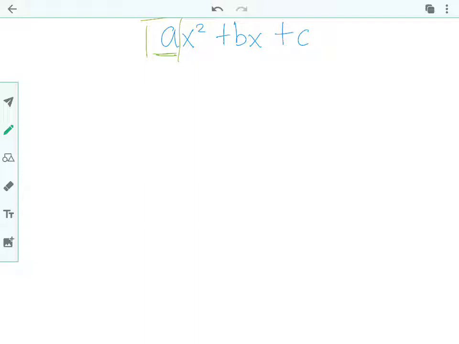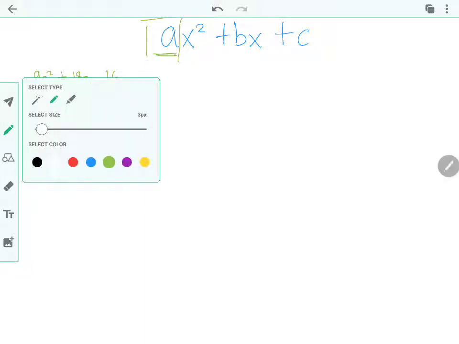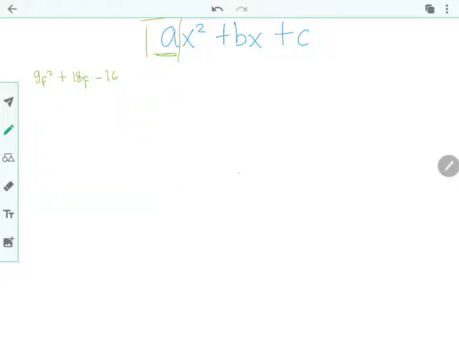Now let's say I have 9f squared plus 18f minus 16. Okay, that's it. Now what should we do? It's actually a little bit similar to the previous one. I'm going to divide it into several steps.